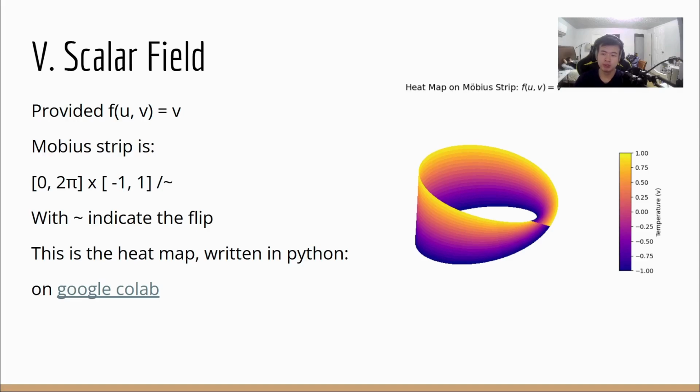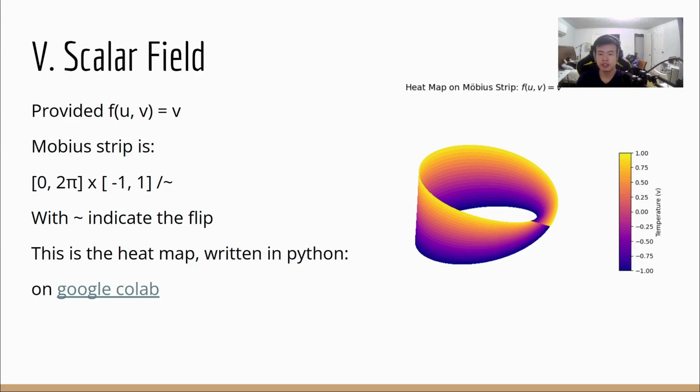Because the Mobius strip is non-orientable, we cannot perform the surface integral over a vector field to calculate the total flow on the entire strip. This is due to the fact that the surface has no inside or outside.